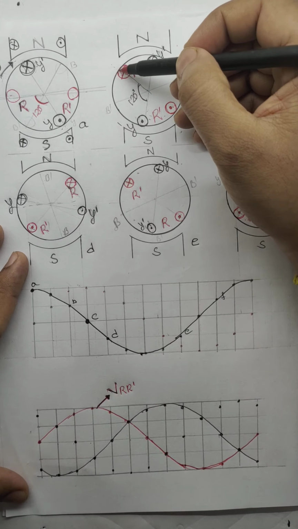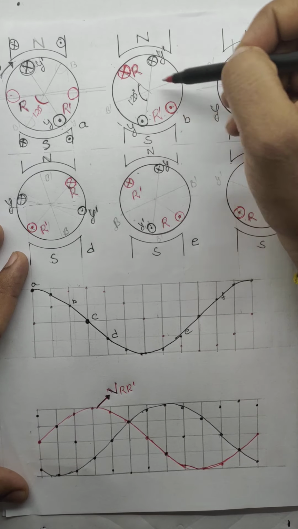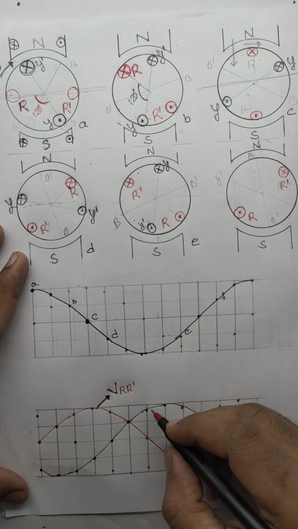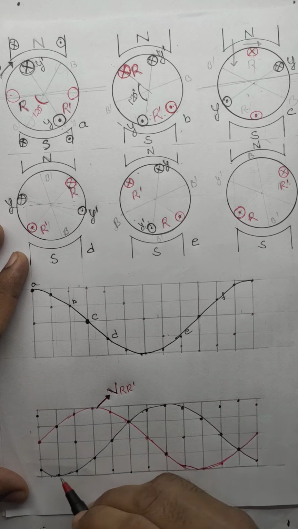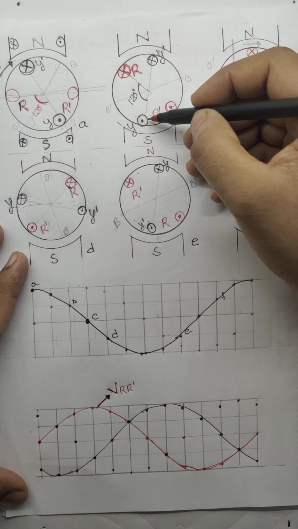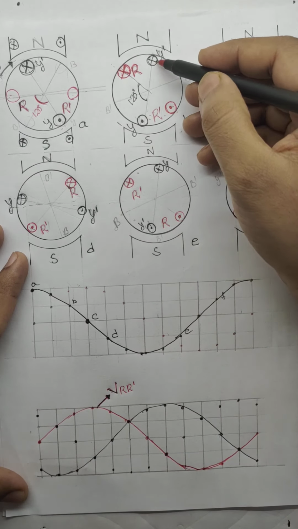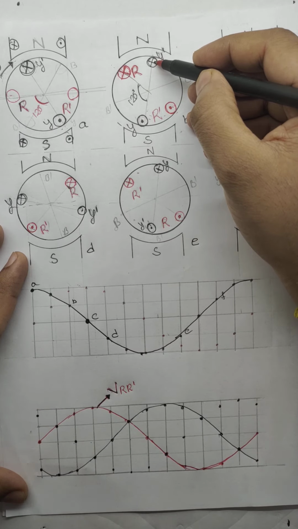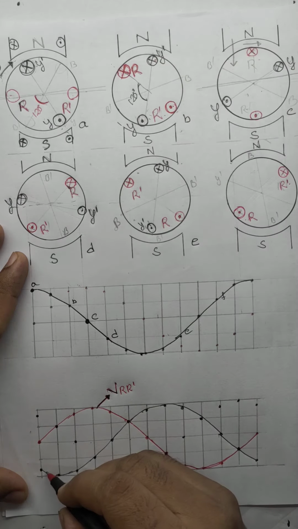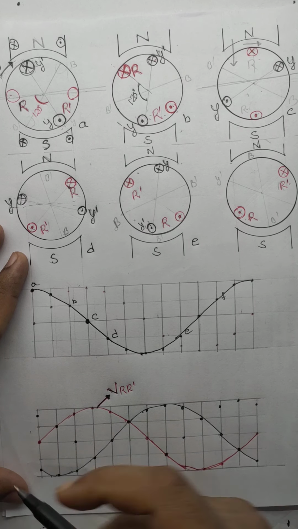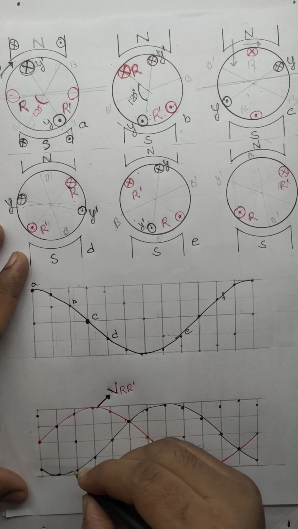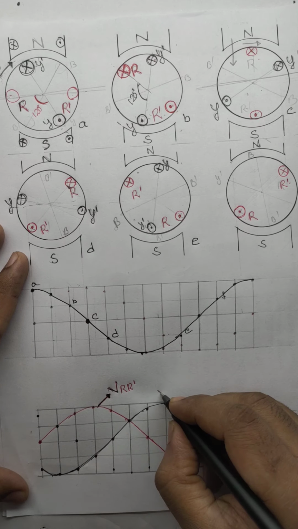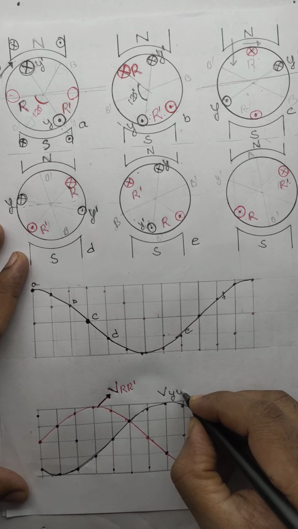That is, this is connected to the positive terminal of the voltmeter and this is connected to the negative terminal of the voltmeter. Now, if I connect a voltmeter between this terminal and this terminal, this is connected to the positive terminal and this is connected to the negative terminal, then I will get a voltage waveform like this. V, Y, Y dash.